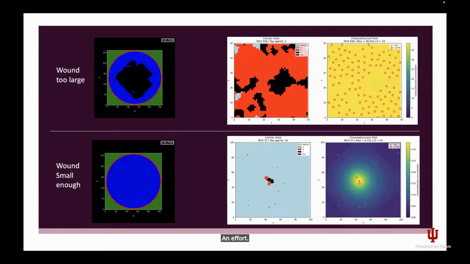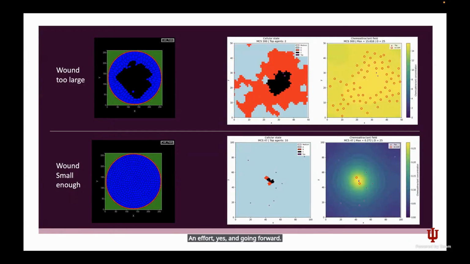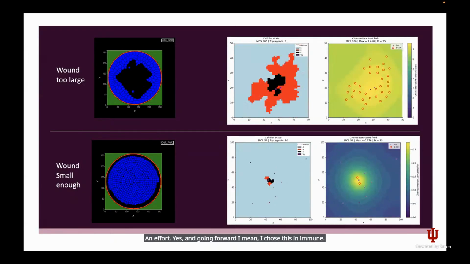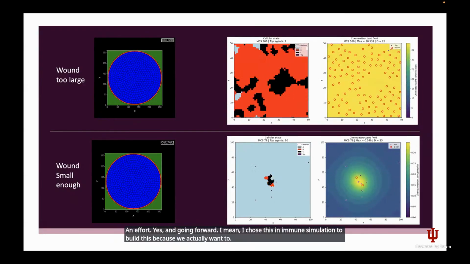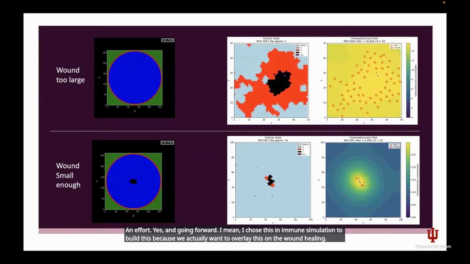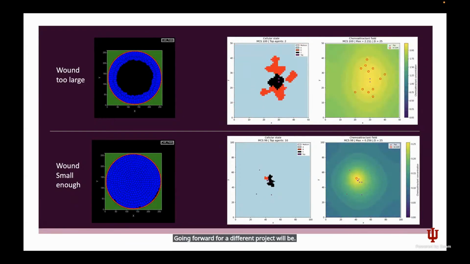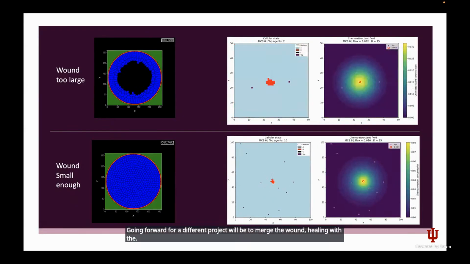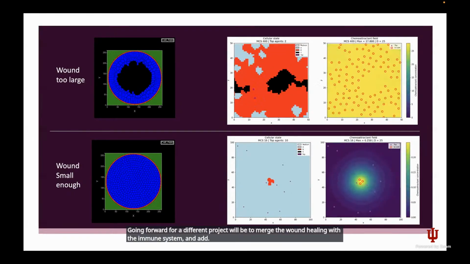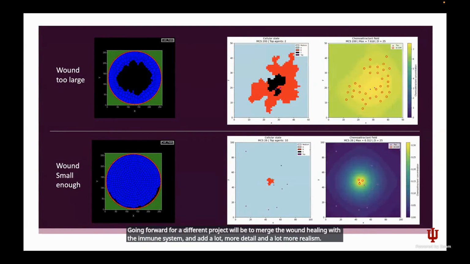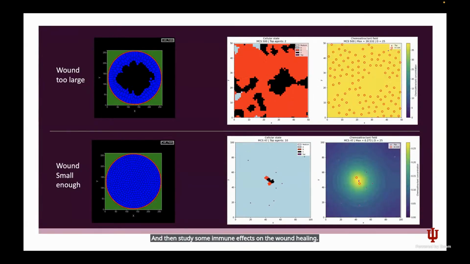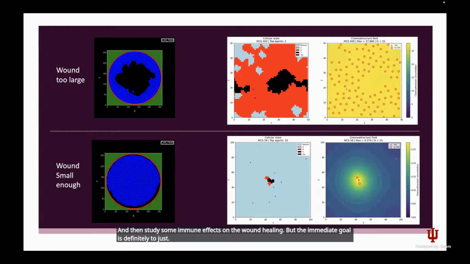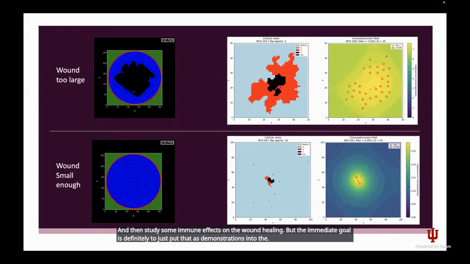I chose the immune simulation because we want to overlay it on the wound healing. Going forward, a different project will be to merge the wound healing with the immune system, add a lot more detail and realism, and study some immune effects on wound healing. But the immediate goal is to put these in as demonstrations in the publication.